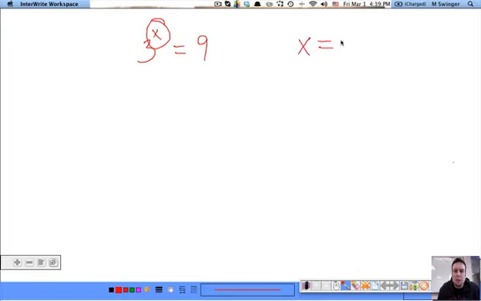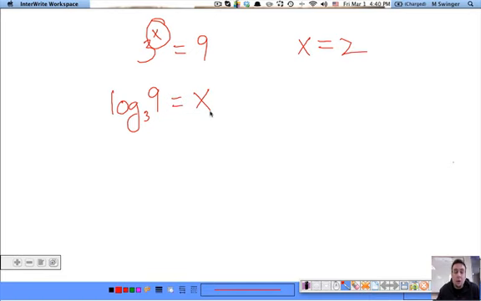So you would say x equals 2. So this is exponential form right here. Logarithmic form, you're doing the same thing. We would say log base 3, that's a base up here, of 9 equals something, equals x.